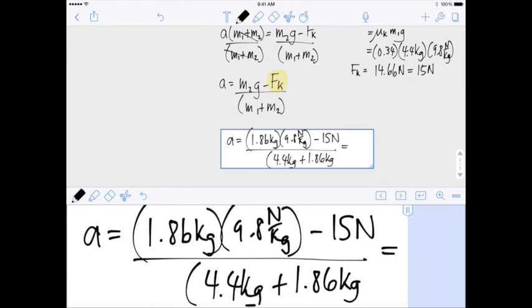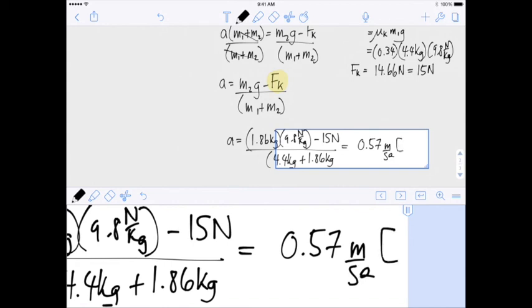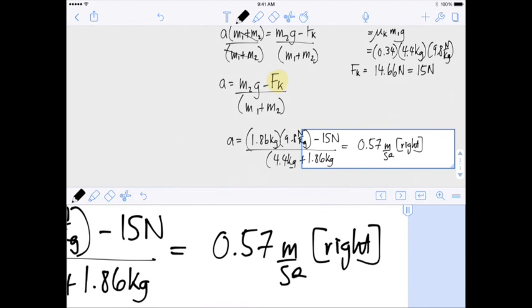Carefully we punch this into our calculators and we end up with an acceleration of 0.57 meters per second squared. Remember, if we're talking about the block, this is to the right, and if we are talking about the bucket, this is down.